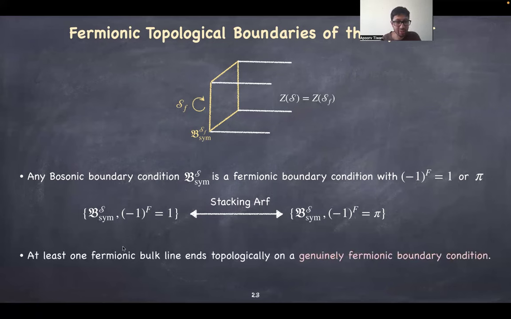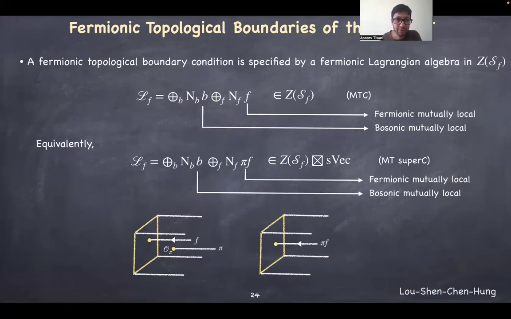Something more non-trivial is when we use a genuinely fermionic boundary condition to define the fermionic boundary. And this means that at least one line in the bulk that is fermionic can end on the boundary. Any line that has topological spin -1 is allowed to end on the boundary.